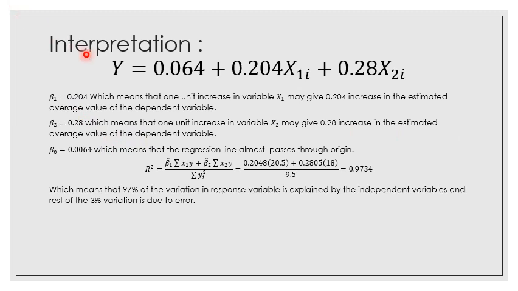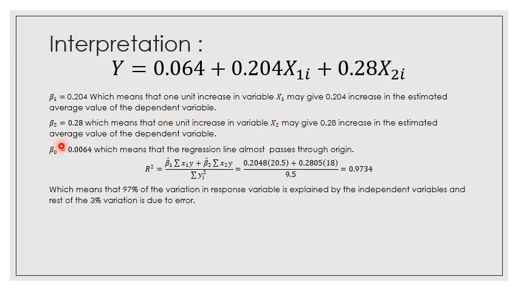Now the problem of interpretation of the model we obtained. Beta 1 is equal to 0.204, which means that 1 unit increase in variable x1 may give 0.204 increase in the estimated average value of the dependent variable.